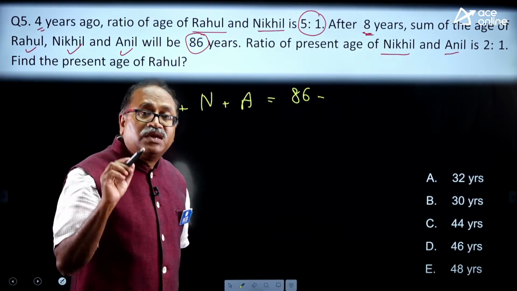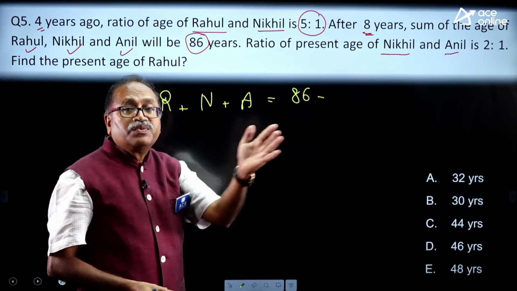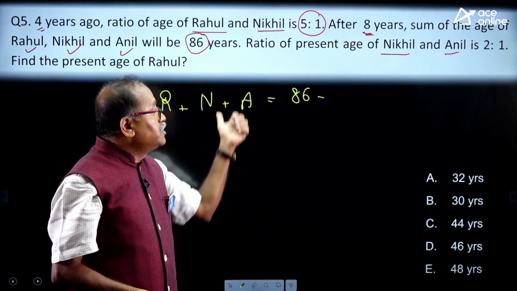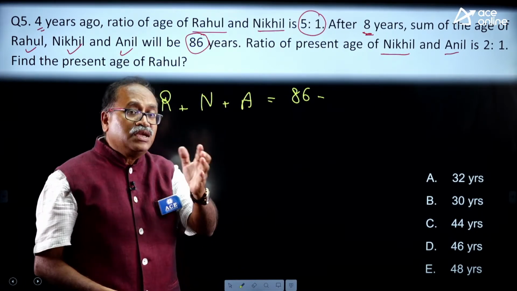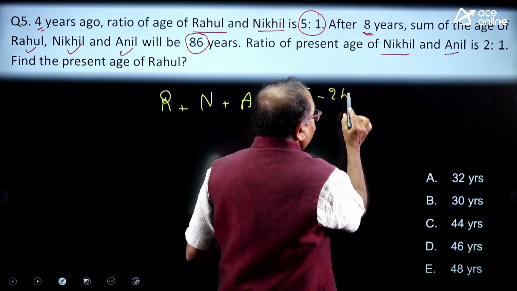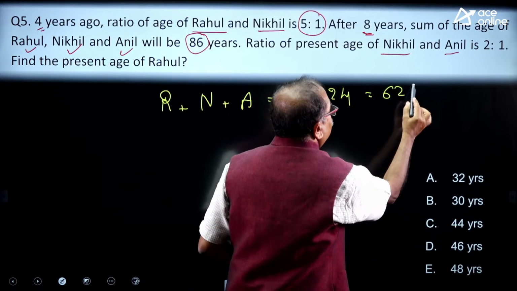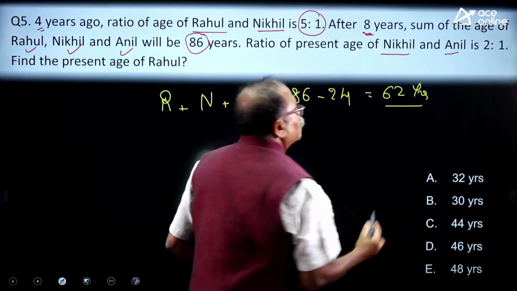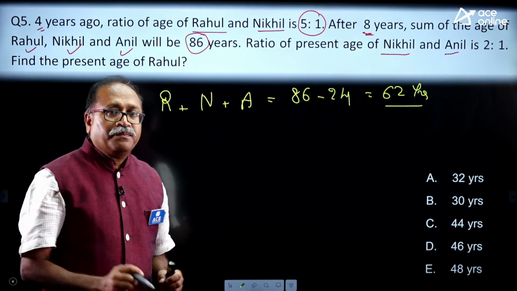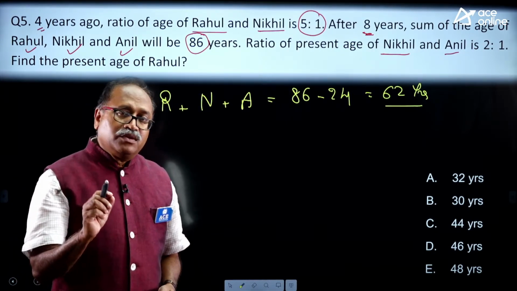So everyone's age will reduce by 8. 3 people are there, so minus 8, minus 8, minus 8, that means 8 into 3, 24. So 24 has to be subtracted over here, and you get 62 years as the total age of these 3 people. Fine. So from here onwards, can you think of it?